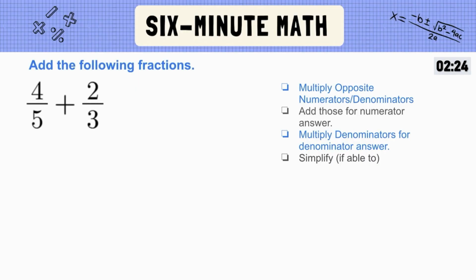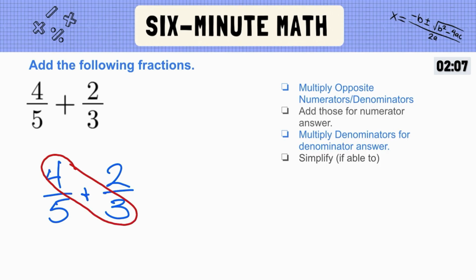How about 4/5 plus 2/3? We have 4 over 5 plus 2 over 3. And I multiply opposites. So 4 times 3 is 12. And 5 times 2 is 10.